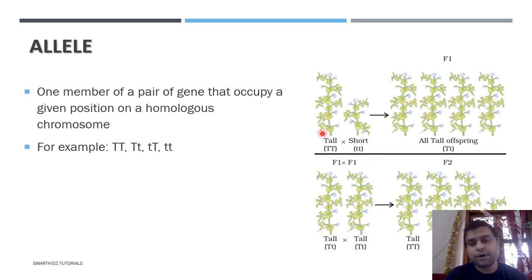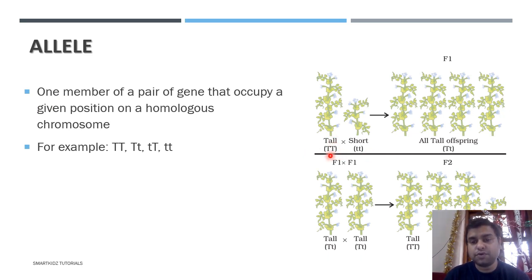At that point I did not discuss them because we would have to introduce the term allele. Now it makes sense to introduce what exactly this capital T and small t, small t are. So each T over here actually signifies the allele.